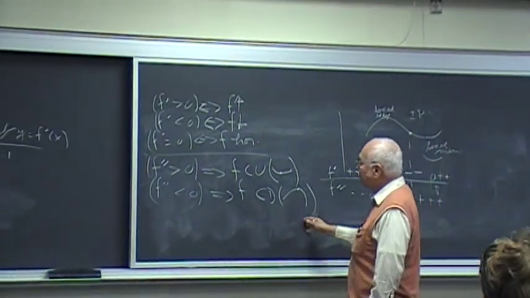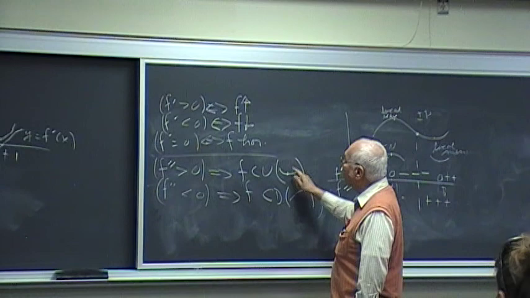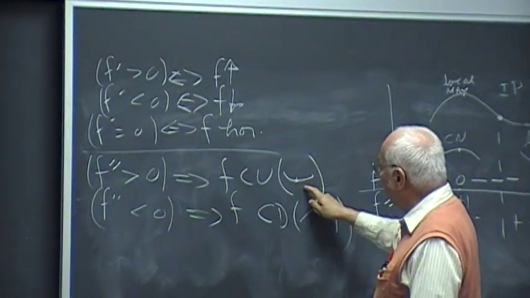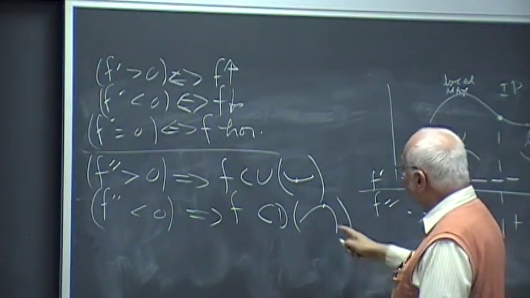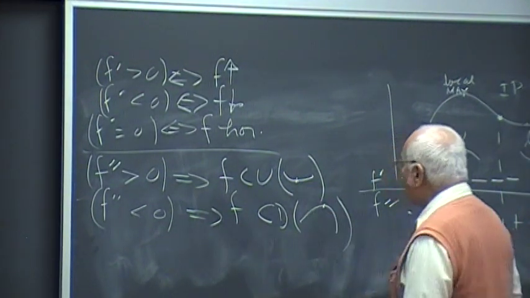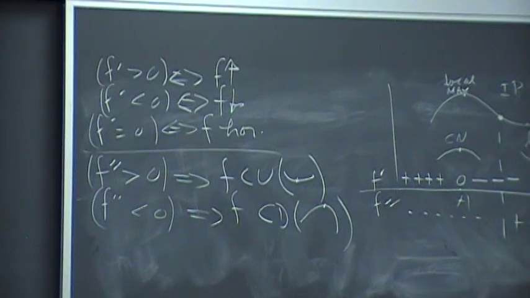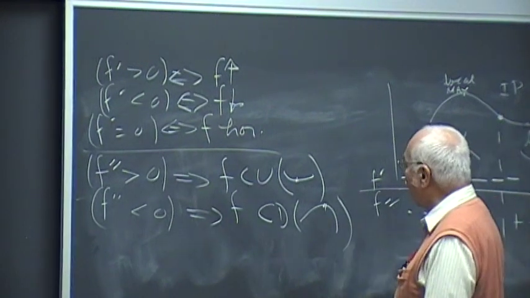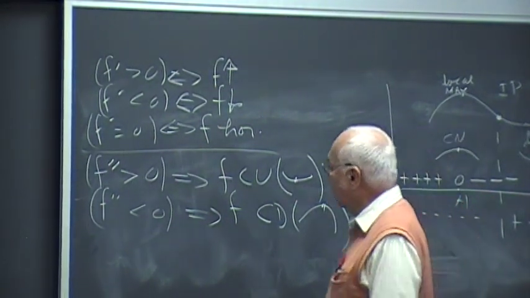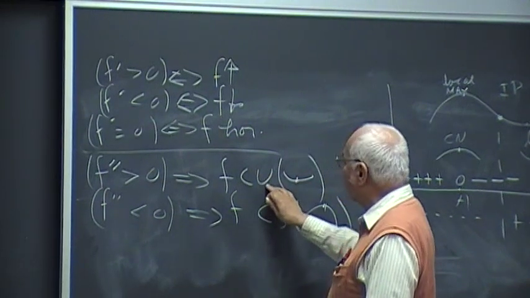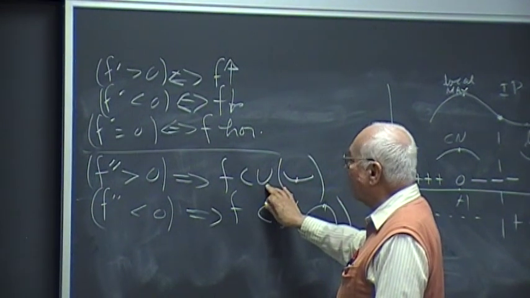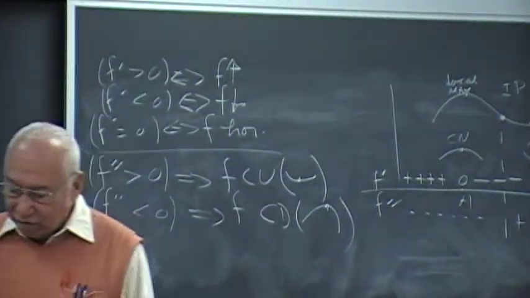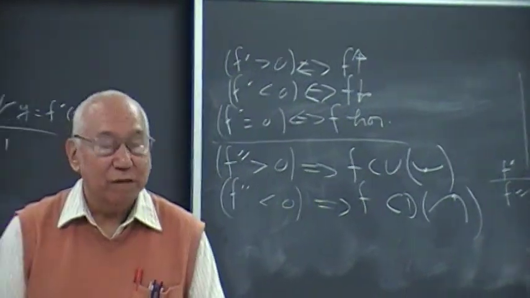Or if you take the second derivative at that critical number you found in the first derivative, and the second derivative is negative, then this is the x-coordinate of the local max. Conversely, if you're concave up, second derivative greater than 0, this is the x-coordinate of the local minimum. Okay, so that's the first and second derivative tests, and I think I'll stop here.